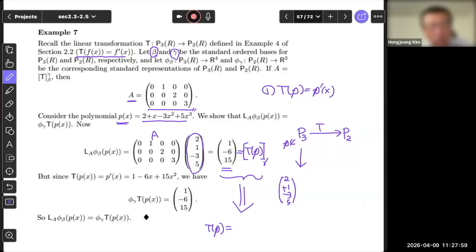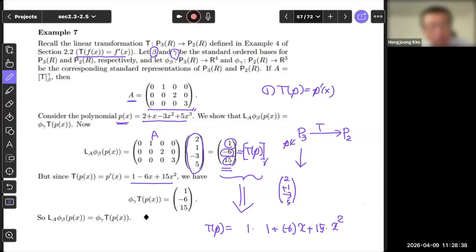Gamma consists of 1, x, and x squared. If you multiply the first entry to 1, the second entry to x, and the third entry to x squared, and then add them, that will be the image of P under T.